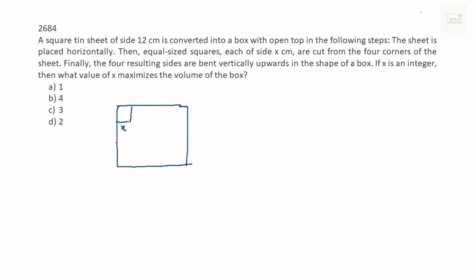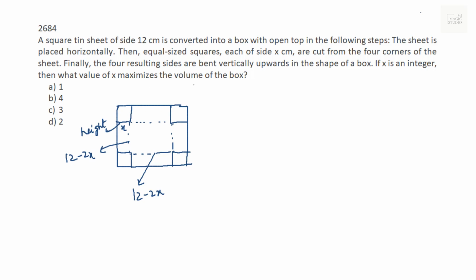This is x, this is cut out. Finally, the four resulting sides are bent vertically upward in the shape of the box. So this will become the base of the box, and this would be 12 minus 2x. This breadth would also be 12 minus 2x, and x would be the height of the box.